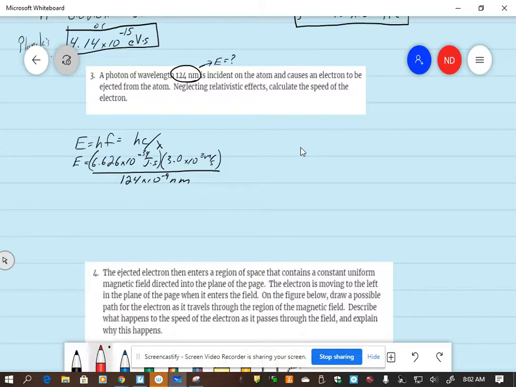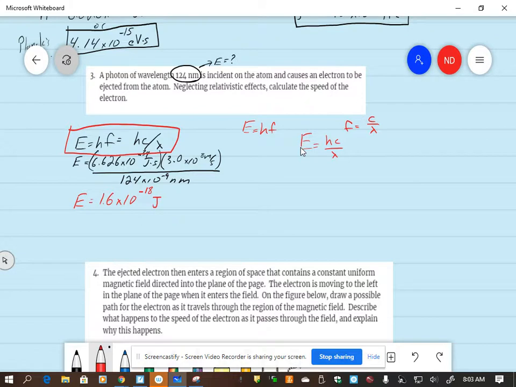I kind of went through that fast, but you can take E equals hf, but since f equals c over lambda, E equals hc over lambda. Now when you do that arithmetic, you will get that the energy of the photon is 1.6 times 10 to the negative 18th joules.